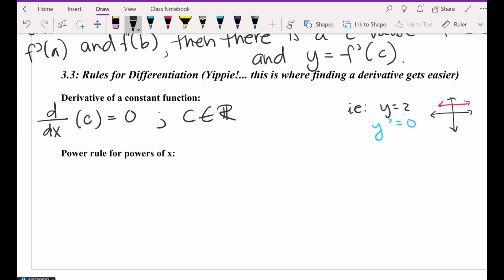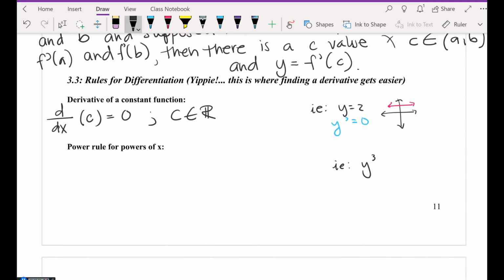Next question, i.e., y equals x to the third is my function. If I were to sketch that out, would you agree that looks like that? And we sketched the derivative. What was the derivative? Okay, this is just a sketch, so this is y prime.